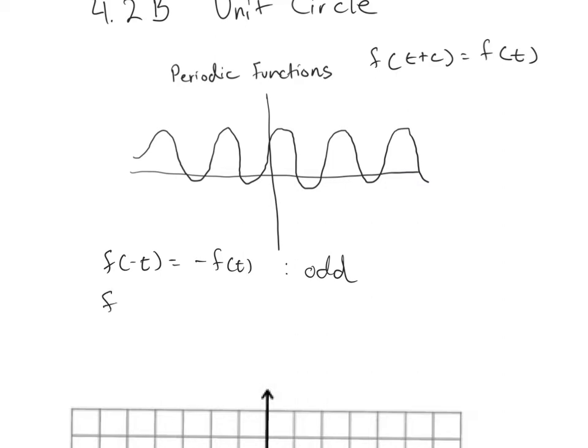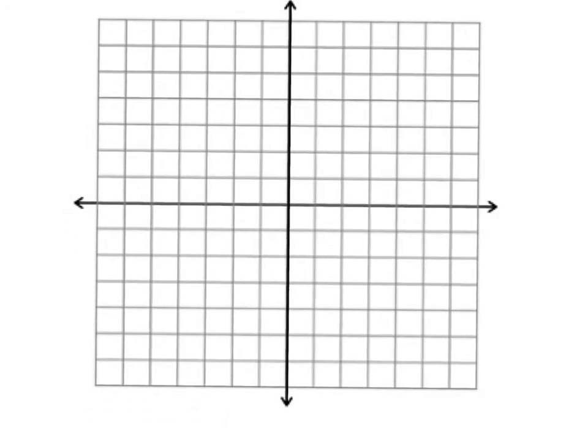But if we get f of negative t and it always comes out as f of t, just a quick reminder, this is an even function, like an x squared function. So here, let's go down and do some examples.